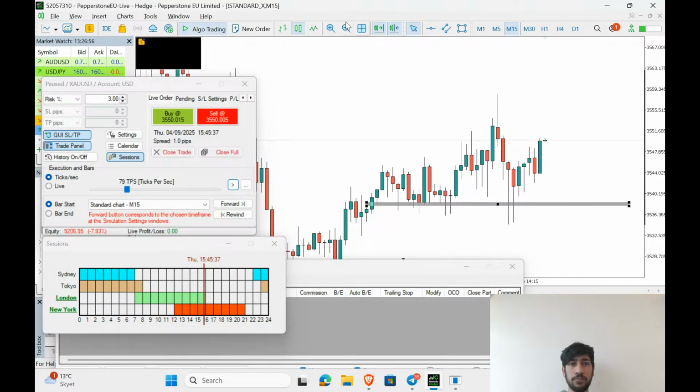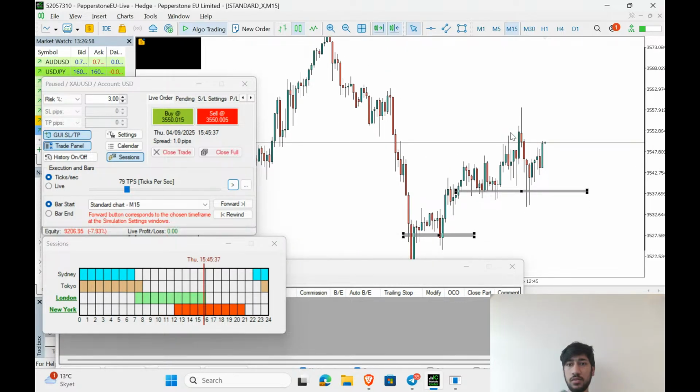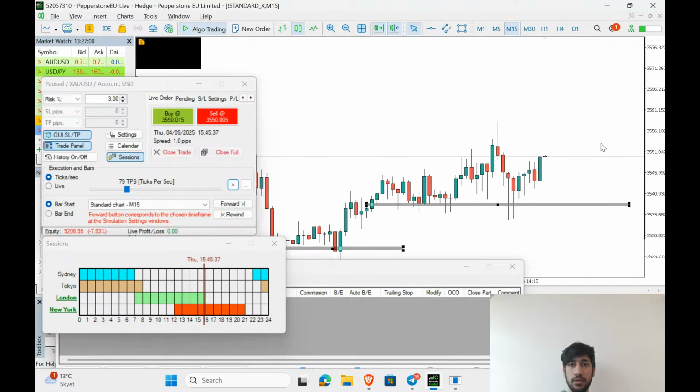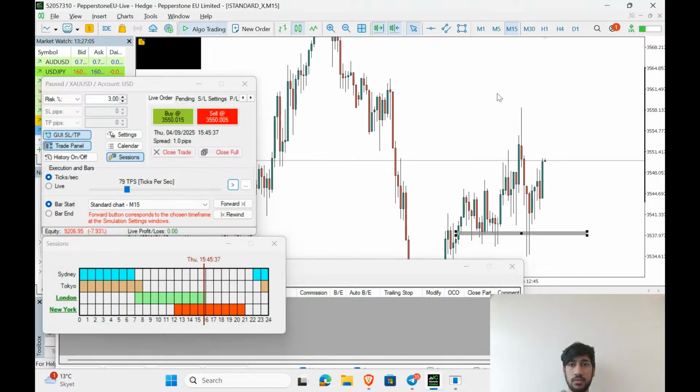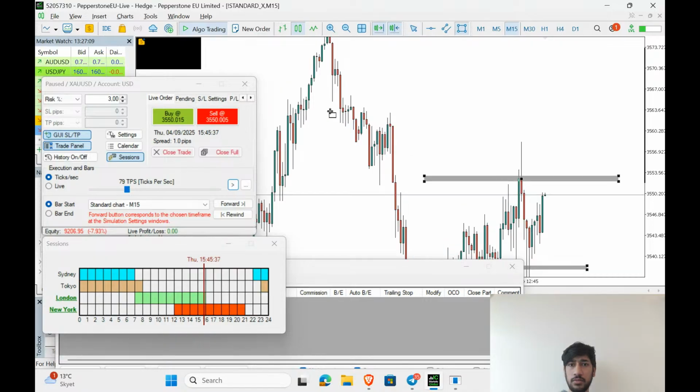We are moving up, we are consolidating, but we have just a range over here. So we just have to wait for this range to be broken for price to move to this zone.